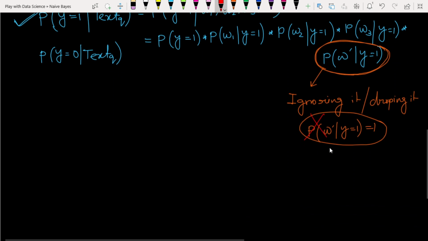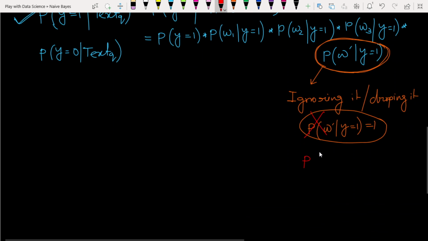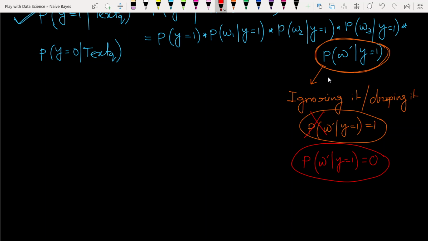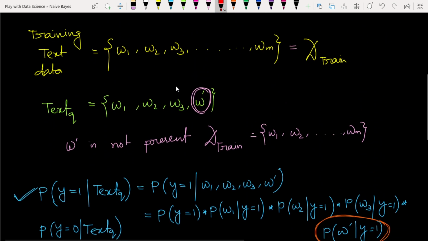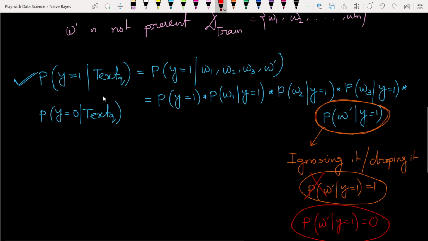Or you can say, sir, just take y dash equals 0. If you take this probability as 0, then the total probability is equal to 0. This is also not originally true, because this probability is actually not equal to 0.